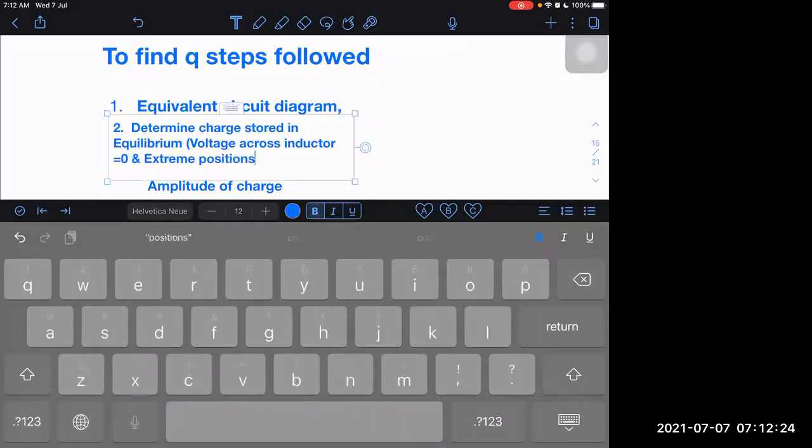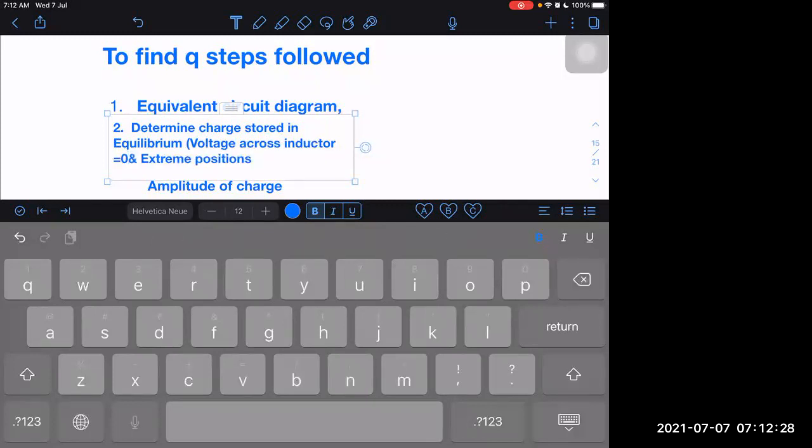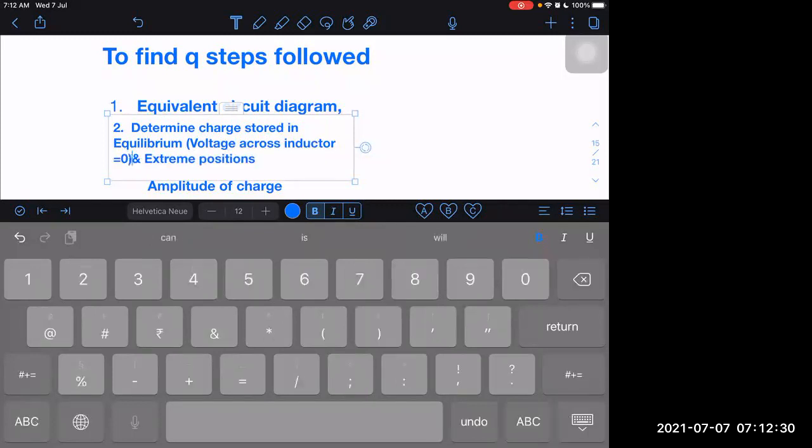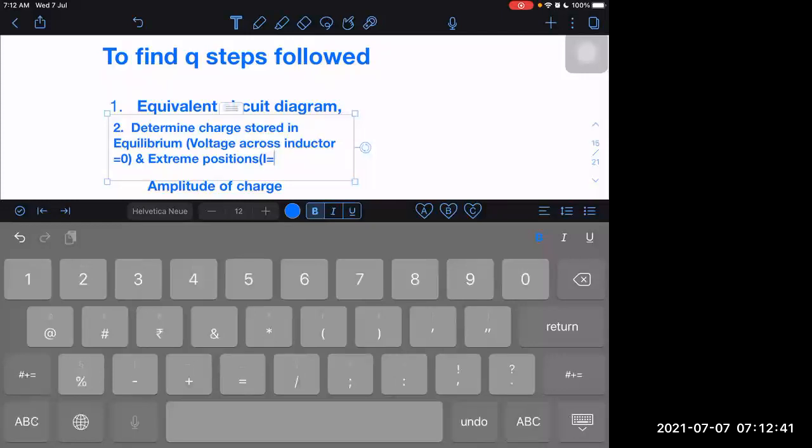And the extreme position is where I is equal to 0. That is the extreme position.